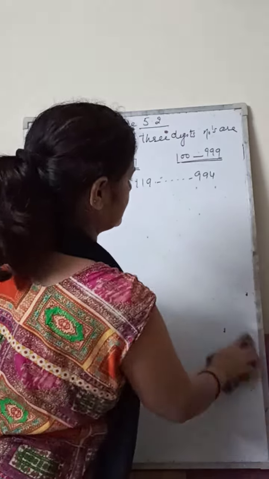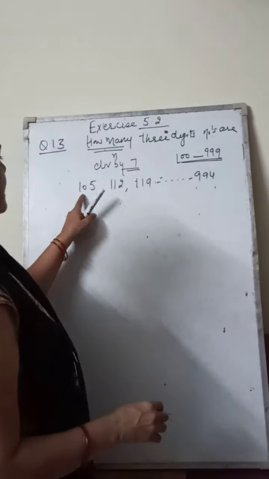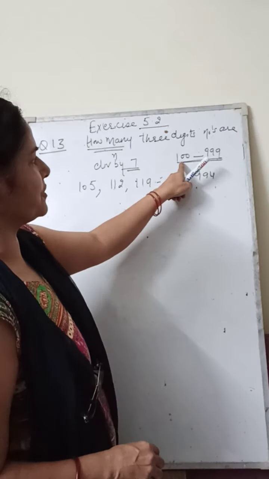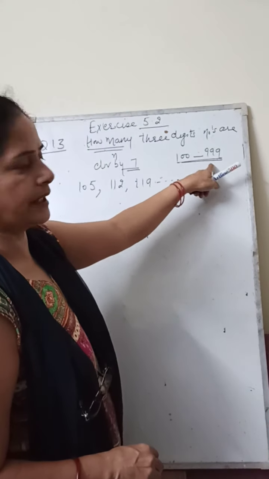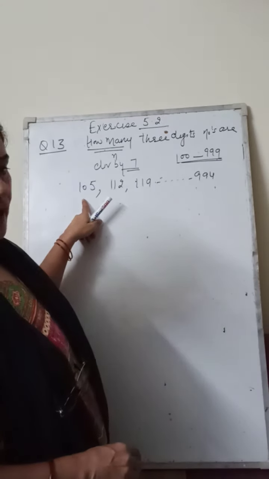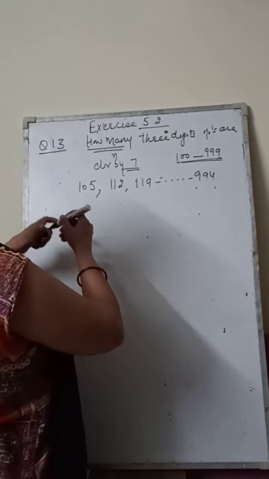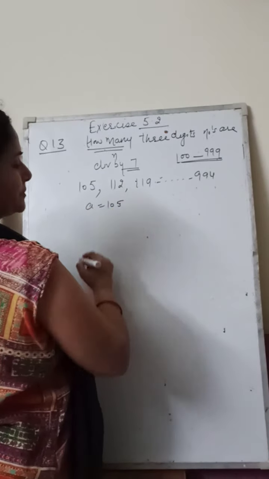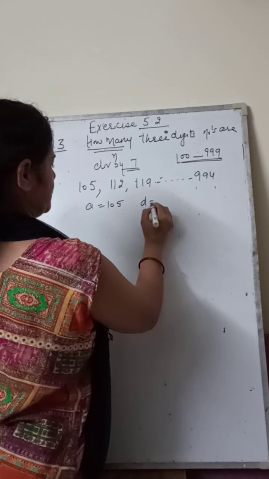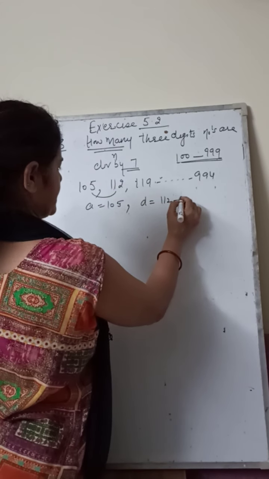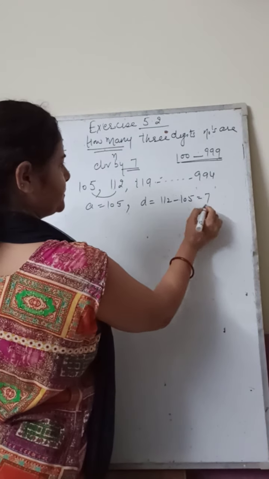So the last number will be 994, which is divisible by 7. Clear? This is the last number divisible by 7, and this is the first number divisible by 7 in the range of 100 to 999. So this has become your AP, and in this AP, a is equal to 105, d is equal to 112 minus 105, which is 7.